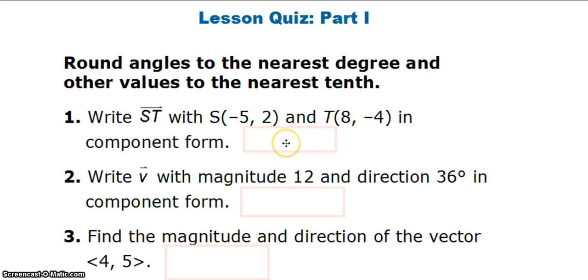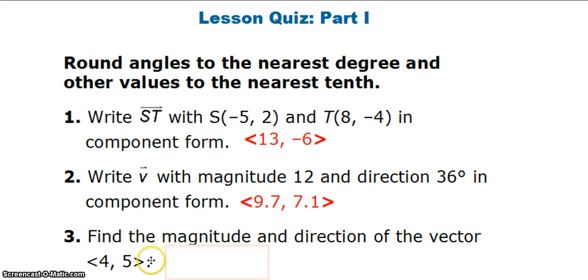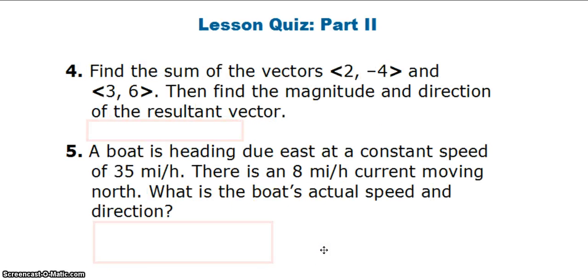So in component form, vector ST, we have 13 and -6. Good. And we need this in component form, vector V, we have 9.7 and 7.1. The magnitude and direction, okay, magnitude again is the distance of that hypotenuse, right? The direction, you're going to have to find the inverse tangent, and you found, I hope, 6.4 and 51 degrees.